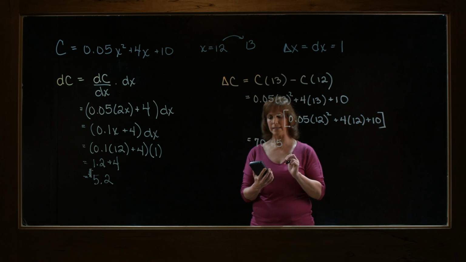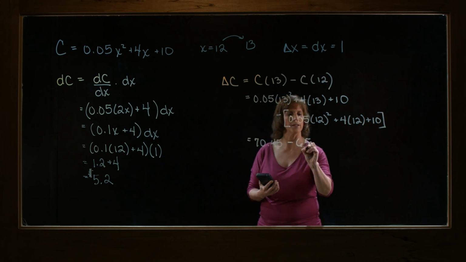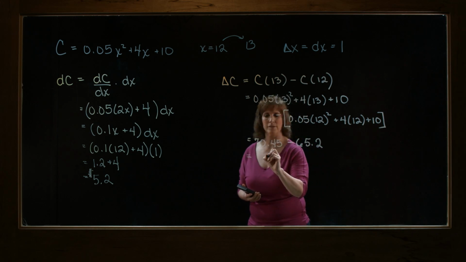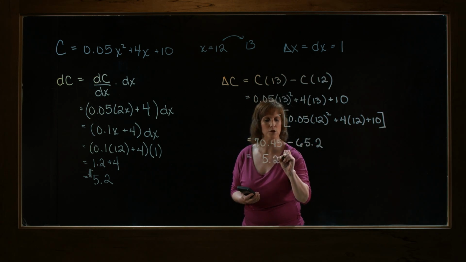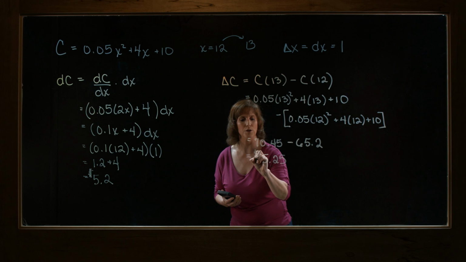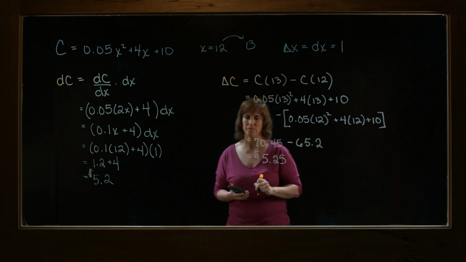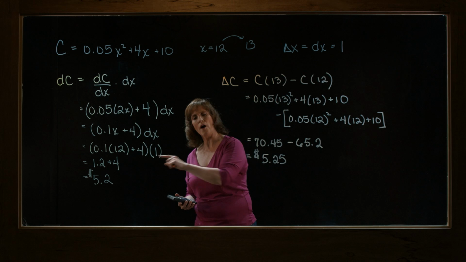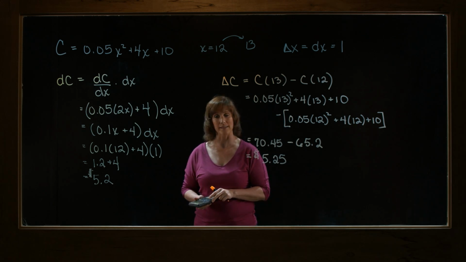And that gives me 65.2. When I subtract these two numbers, I end up with 5.25. And again, the units are in dollars. So I have the exact answer of $5.25 and the approximate answer of $5.20.